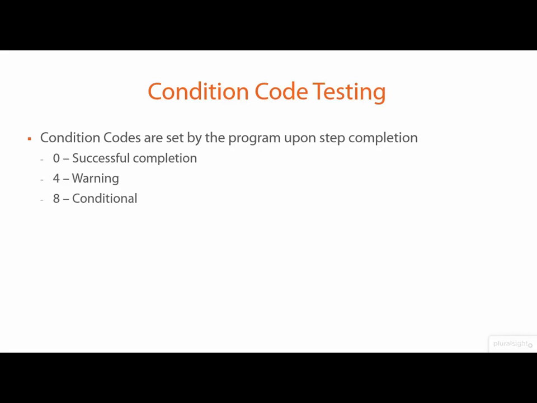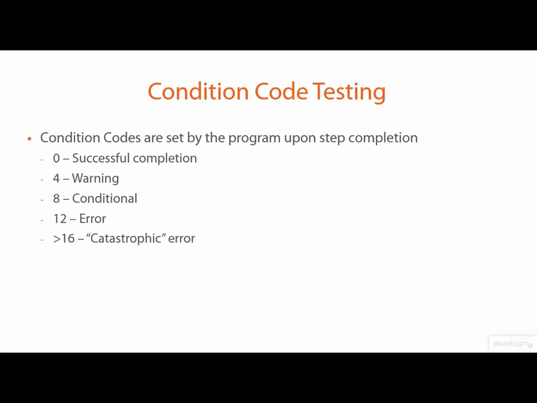An 8 indicates it's a conditional, and conditional means that there was an error detected, but it may or may not make any difference with respect to the outcome or the output that you have. And then a 12 indicates that there was an error, and as a result the step did not complete successfully. And then a 16 or higher is considered a catastrophic type of error.